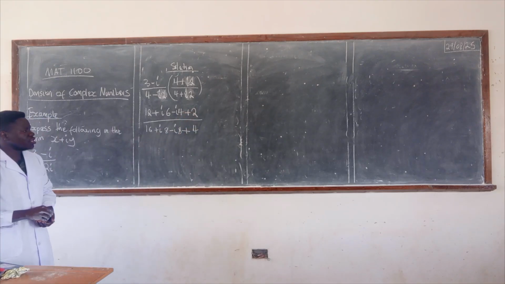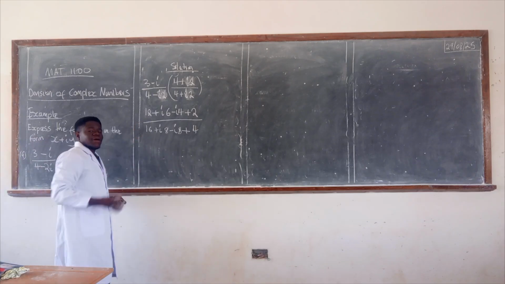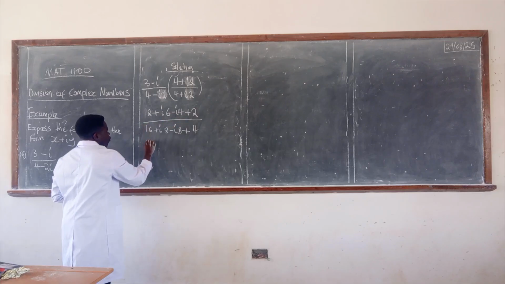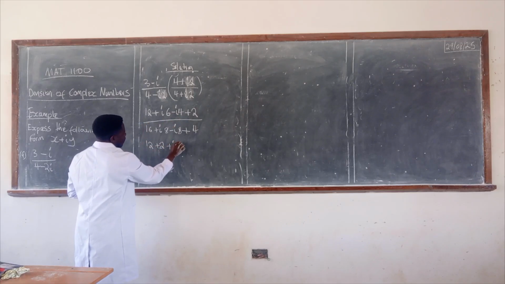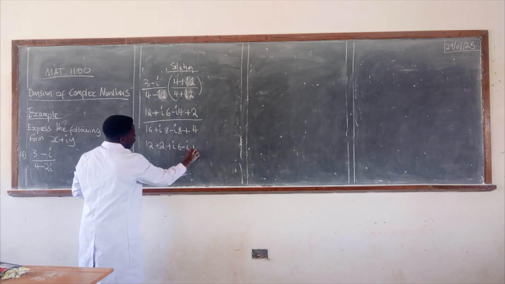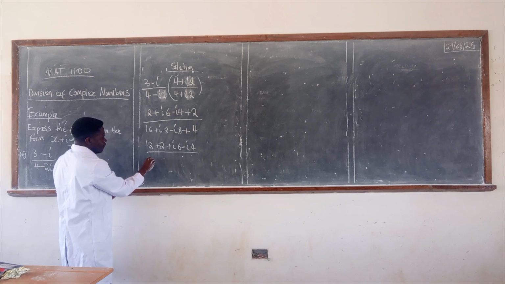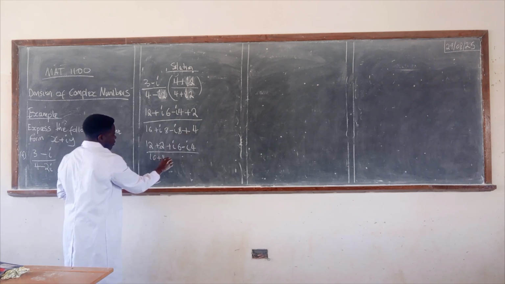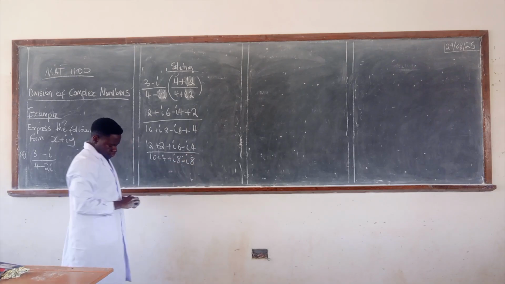So what remains now is to simplify this expression. We collect the real part and the imaginary part and put them together. So here we're going to have 12 plus 2 plus i6 minus i4 over 16 plus this 4 plus i8 minus i8.